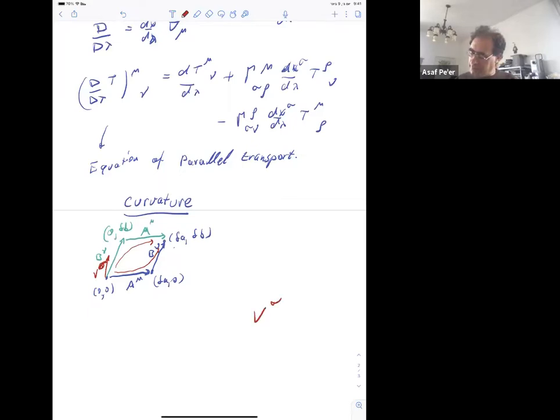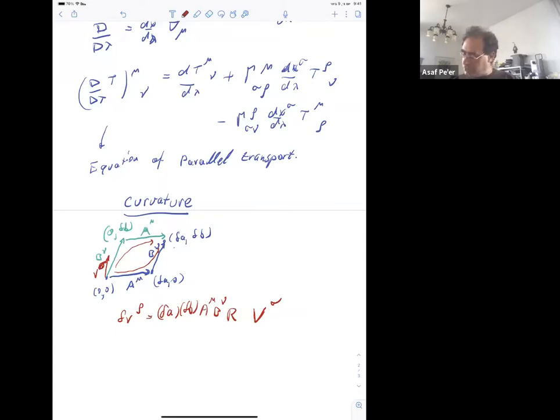So delta V rho should be linearly proportional to V, but also to the paths, so delta a, delta b, A mu, B nu, and then we have the tensor that would contract all these.